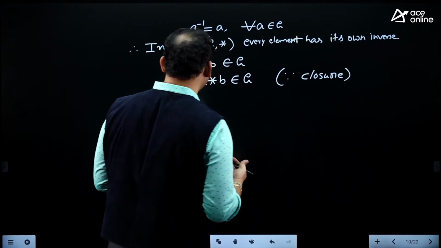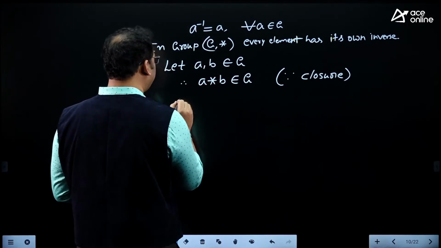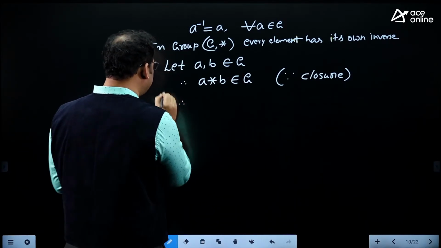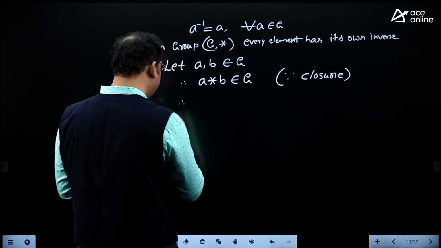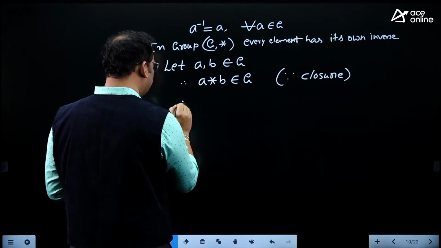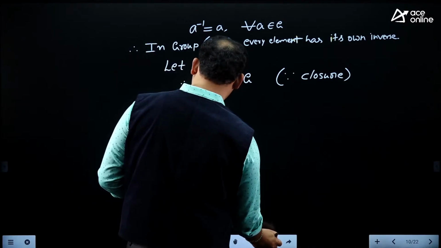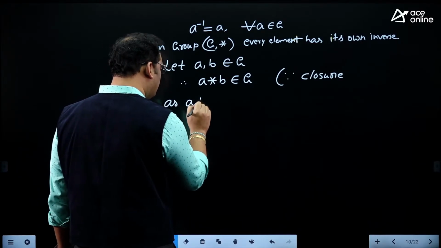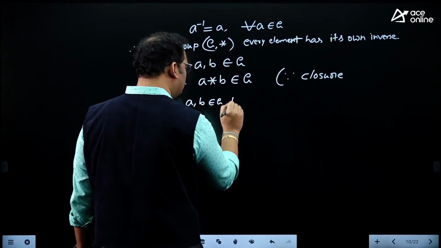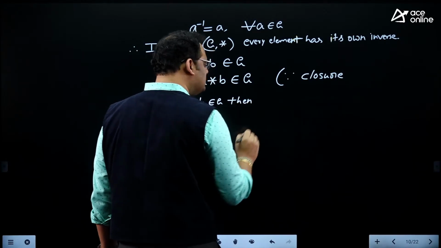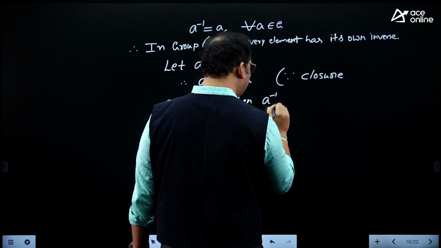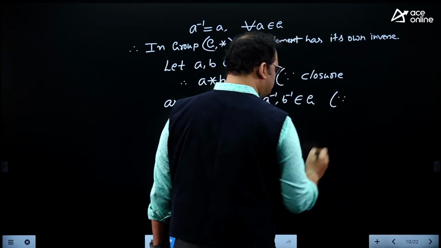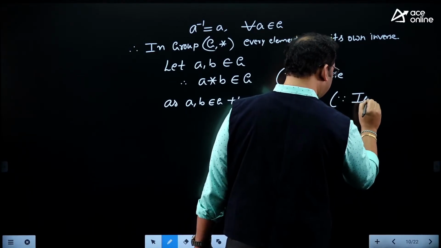And also, I want to say one more thing. Therefore, as A and B belongs to G, then I can say that A inverse comma B inverse also belongs to G because our G follows inverse property.